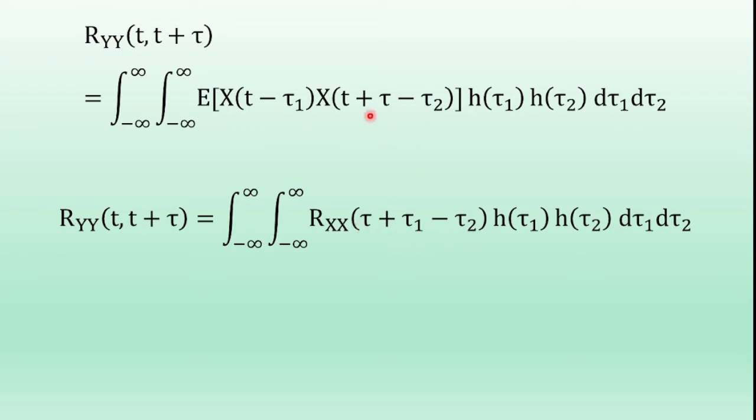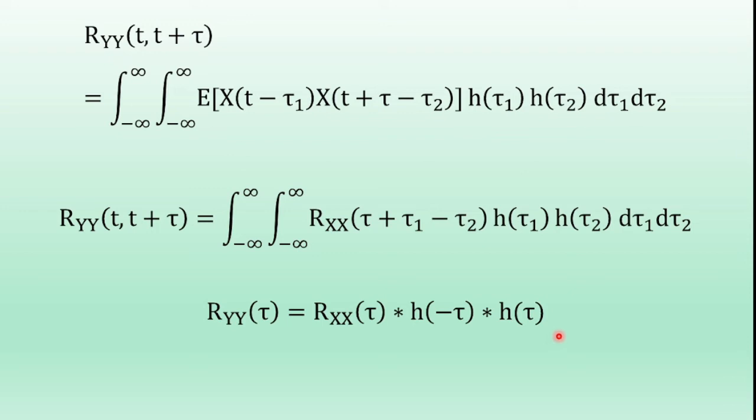So the integral is Rxx of tau plus tau 1 minus tau 2 into h of tau 1 into h of tau 2 d tau 1 d tau 2. Using the convolution definition, this double integral is Rxx of tau convolved with h of minus tau, convolved with h of tau.